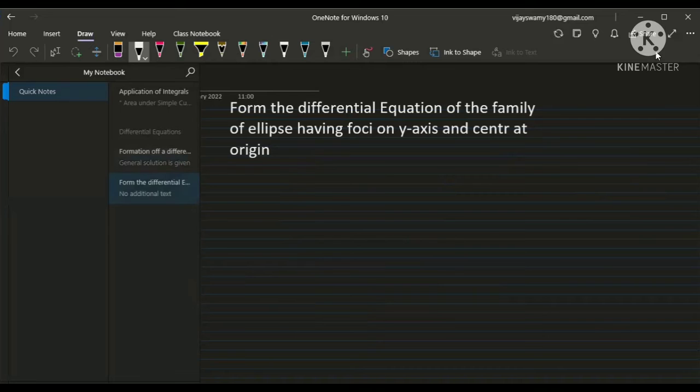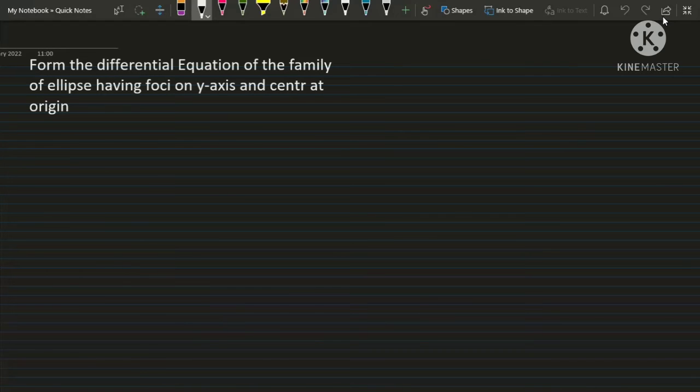First example: form the differential equation of the family of ellipses having foci on y-axis and the center at origin.